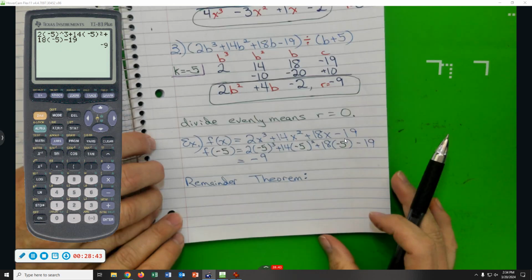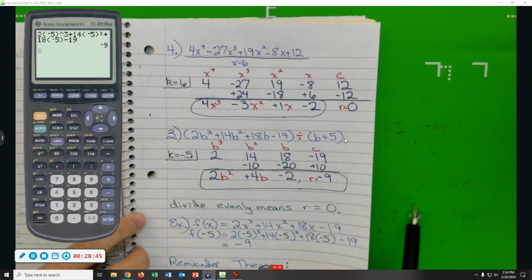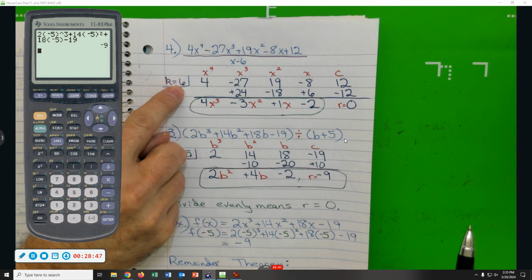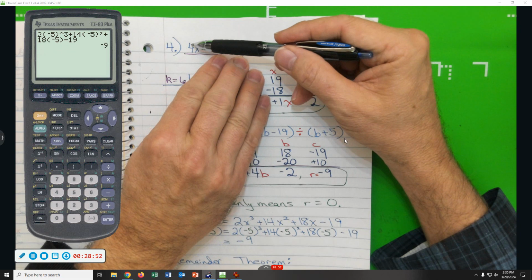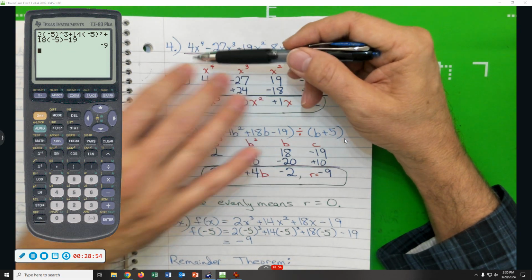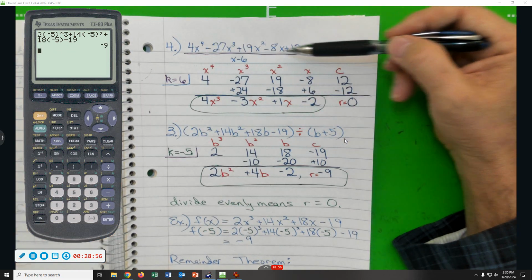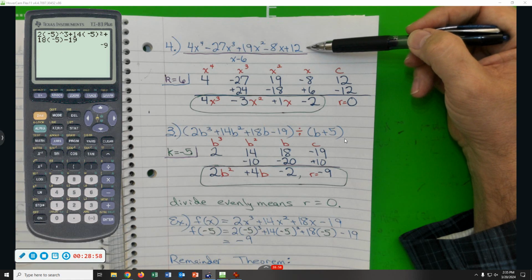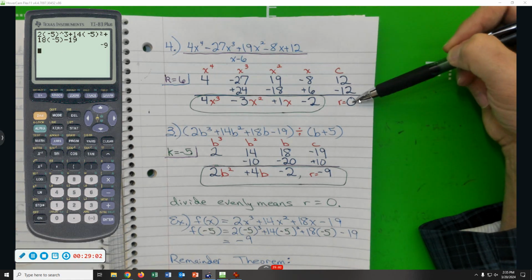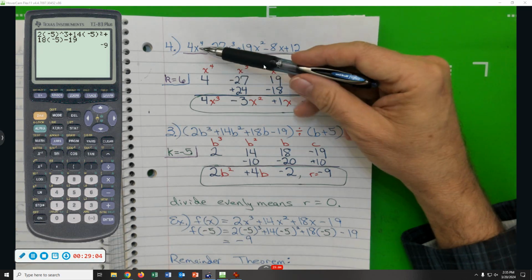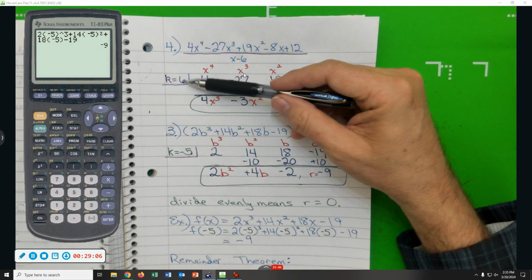Just to re-emphasize, if you were going to plug the number 6 into this top stuff here, say I took the k value of 6, without going through the evaluation, what would we get? The remainder is the value of the function when you plug the number in.